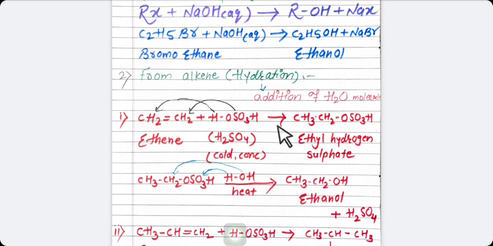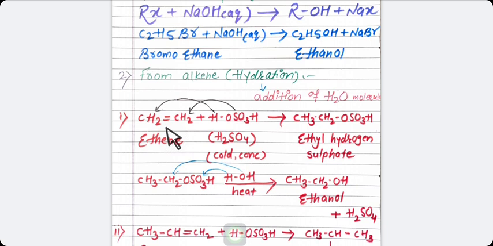I am repeating here. Generally, in hydration of alkene, alkene is passed through cold concentrated sulfuric acid to give alkyl hydrogen sulfate, which on heating with water gives alcohol. Now see the example.